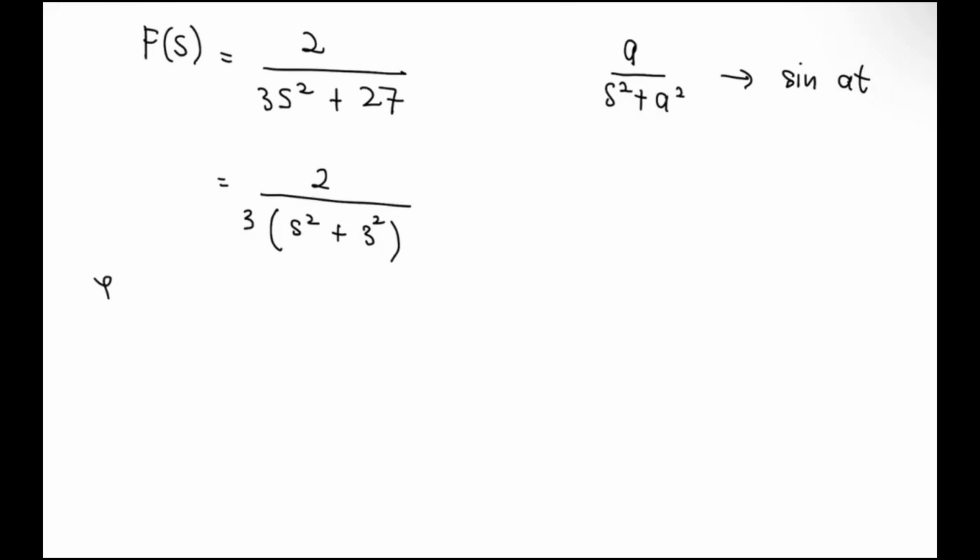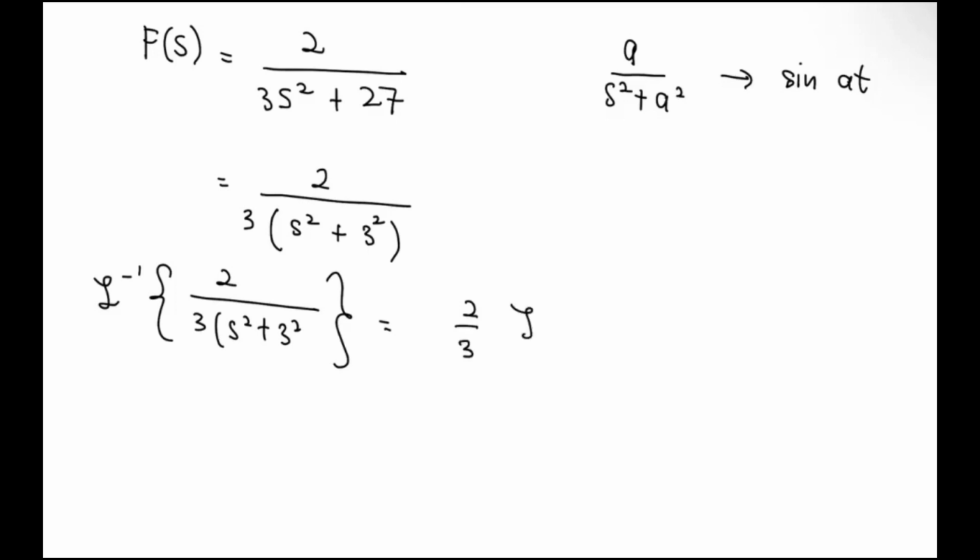So find the inverse Laplace of 2 over 3 multiplied by s squared plus 3 squared. So 2 over 3 is a constant, so I can put this constant outside. And then I have the inverse Laplace of 1 over s squared plus 3 squared.